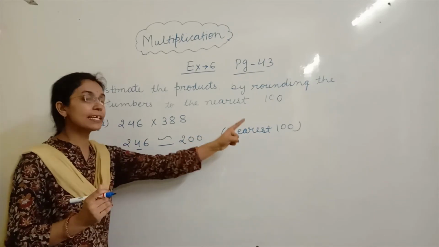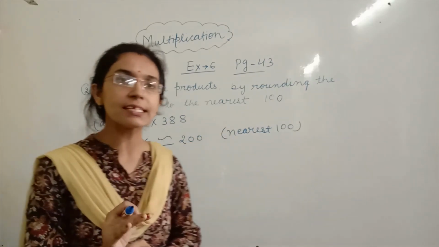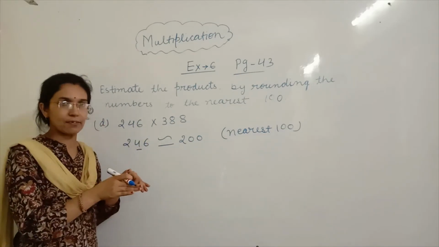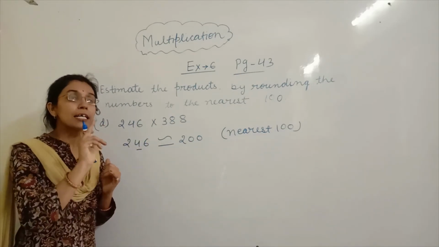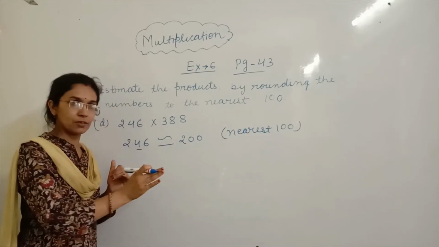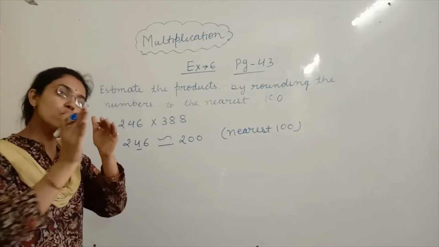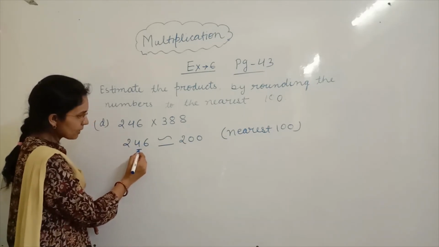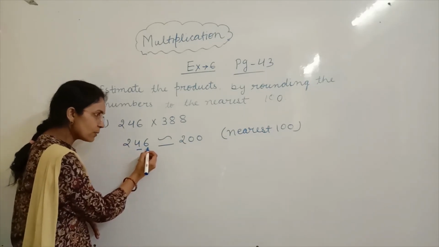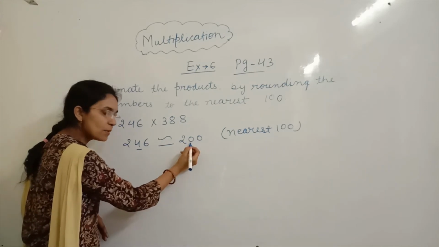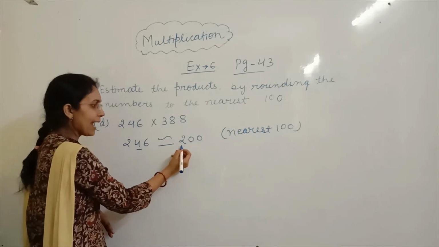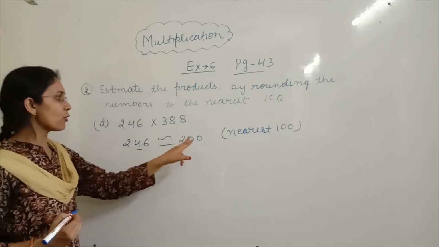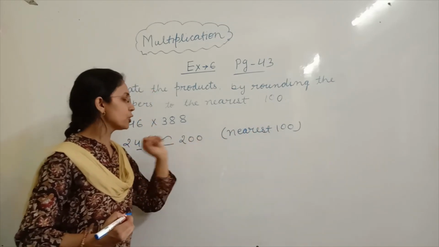If rounding to the nearest 100 is there, you have to see the tens place. Tens place is less than 5. So we will round it down. We will not go high, we will go down. So here the digit is less than 5, so ones place will also be 0, tens place also will be 0, and hundreds place will remain like this. So our rounding to the nearest 100 will be 200.